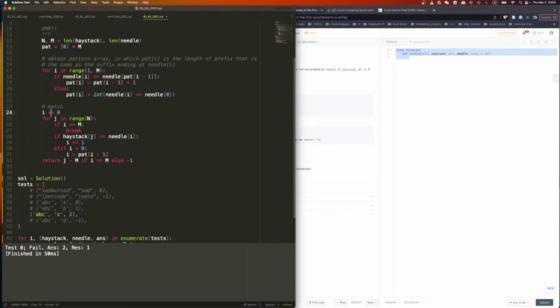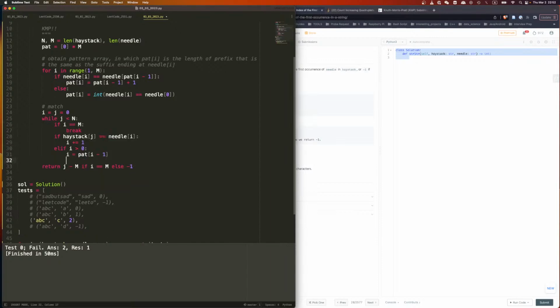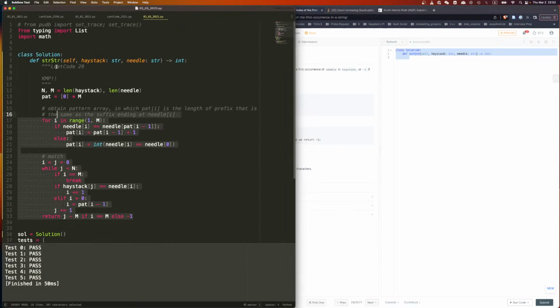Has to be this. J is smaller than n. I want a J plus equal 1. There we go. That is necessary. What else can you think about? I can try. Give it a shot.